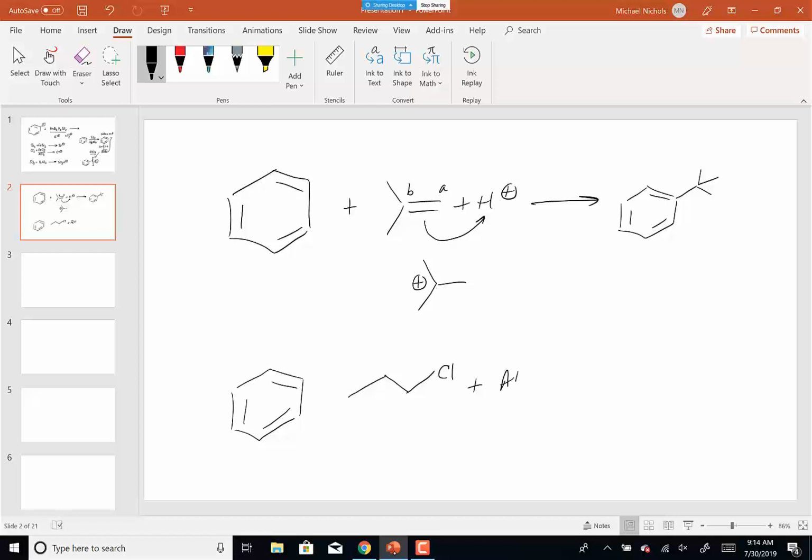AlCl3 is the preferred reagent. So this is your Friedel-Crafts, and Crafts with a C, not a K like the cheese. This would be Friedel-Crafts Alkylation. When you take an alkyl halide and react it with aluminum trichloride, or it could be iron trichloride as well.